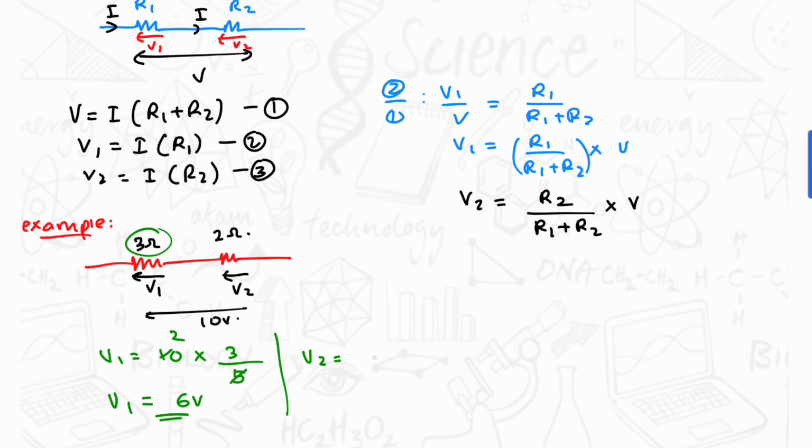To find V2, we have R2, that is 2, and the addition 3 plus 2, that is 5, and we have to multiply that by the total voltage drop, that is 10. So 2 divided by 5 times 10, we get 4 volts.